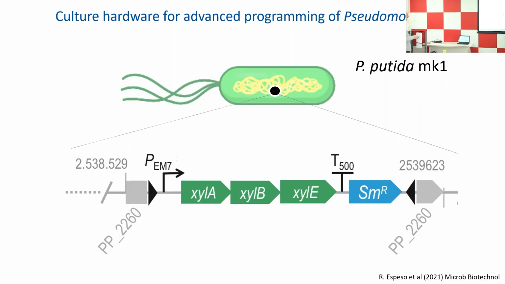And Pseudomonas putida KT2440, the strain that we use in the laboratory, is unable to grow on cellulose. However, what we did was to insert into the chromosome of this bacterium, by using a transposon, with the technologies that we discussed yesterday, a pathway for degradation of this sugar. But when we put this pathway in the chromosome, cells didn't grow.